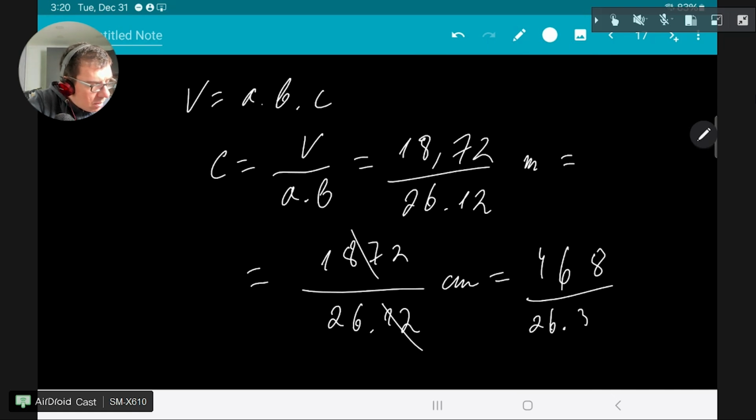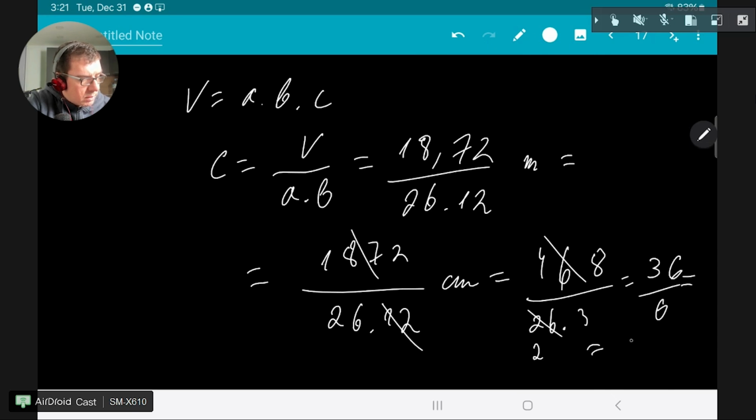Now we should be able to divide this by 13. So 46 divided by 13 is 3, 39, remainder 7. 78 divided by 13 is 6, right? Yes, and here we get 2. So 36 and 2 times 3 is 6. 36 over 6 is 6 centimeters. And that's the answer.